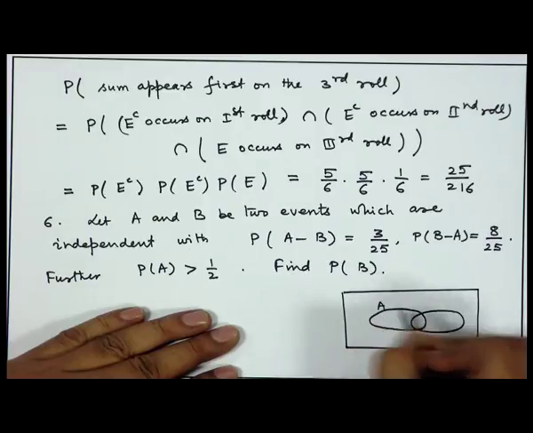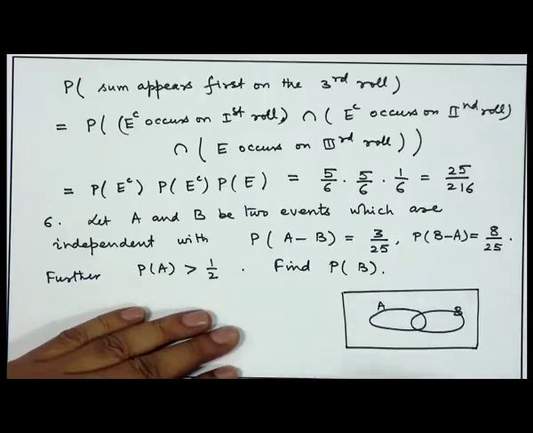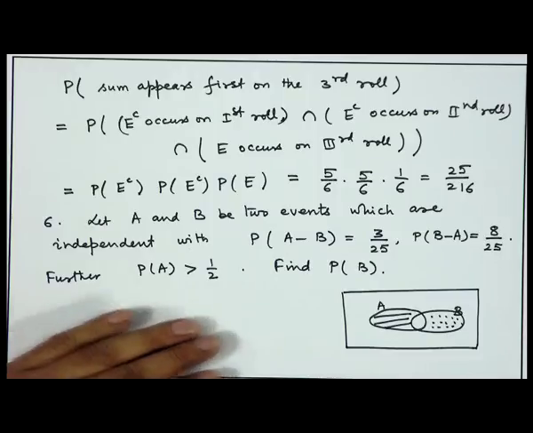So, suppose event A is here and event B is here, then A minus B is this term. So, this probability is given to be 3 by 25 and similarly, B minus A becomes this. So, these are the values that are available to us.